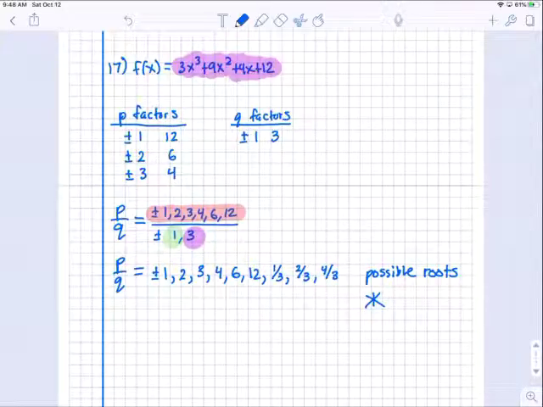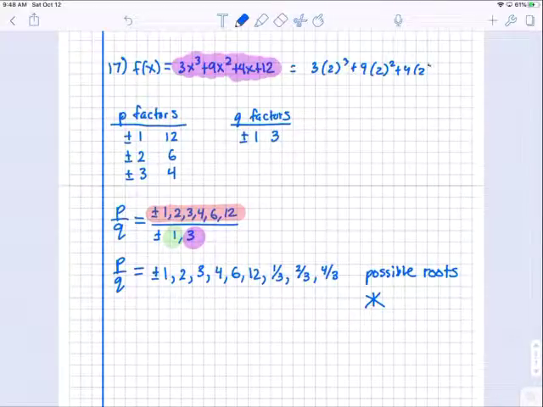If I substitute any positive number into x, the polynomial is not going to equal 0. If I substituted 2 into here, I know that whole polynomial is not going to equal 0. So basically, I know all of the positive values are not going to equal 0.